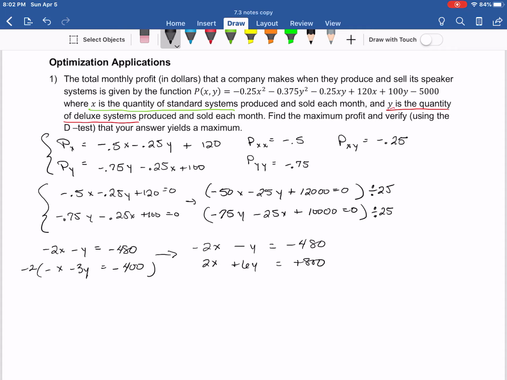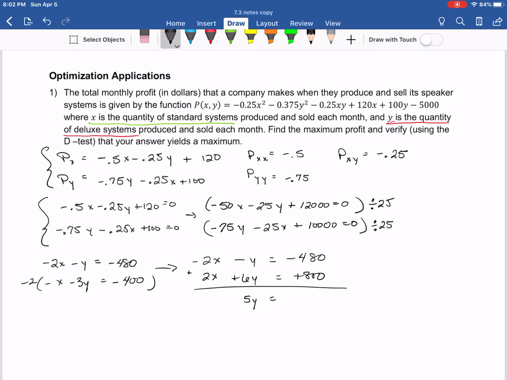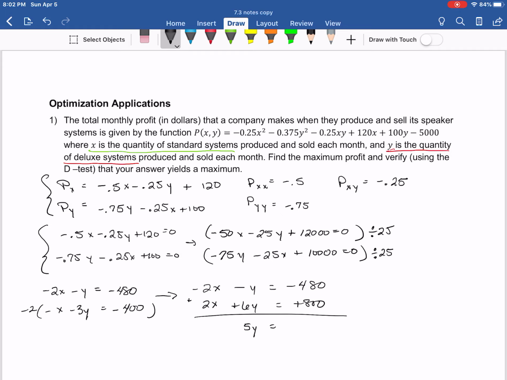That should be positive 800. And then when I add like terms together from top to bottom, the x cancels out. So just remember that you need to add like terms for this to work.